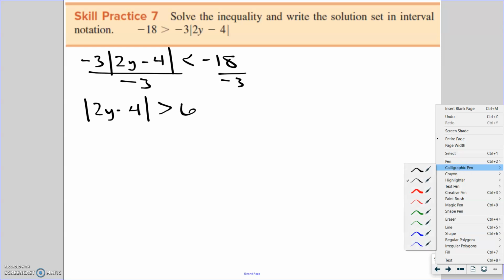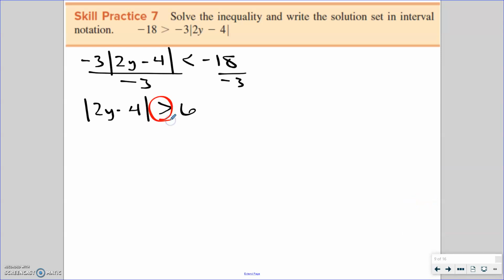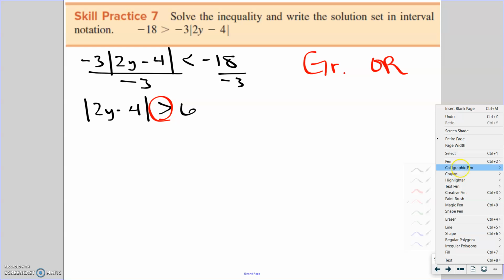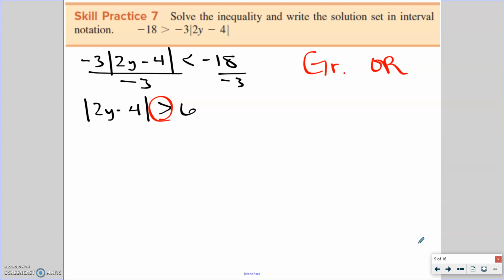So looking at this greater than sign, that means I need to set up an or statement. So what does that mean? 2y minus 4 is going to be less than the negative, or 2y minus 4 is going to be greater than the positive.